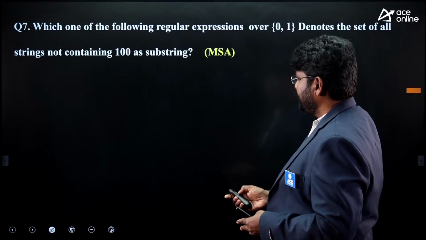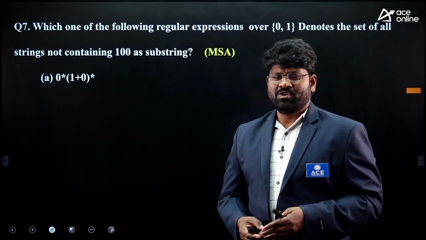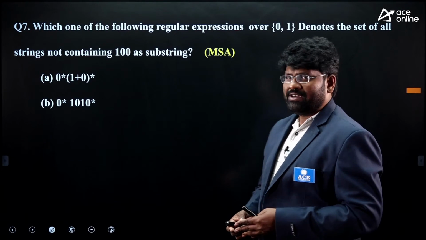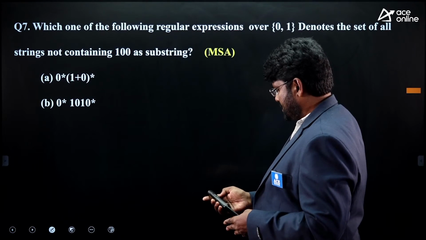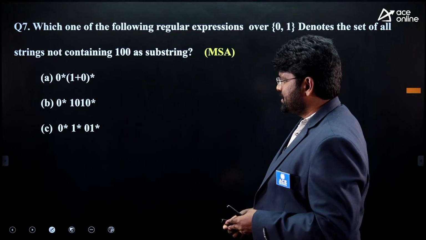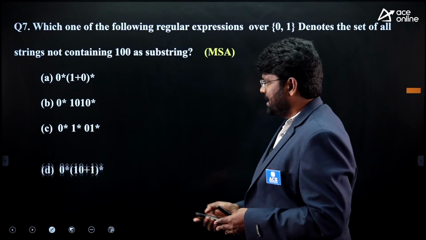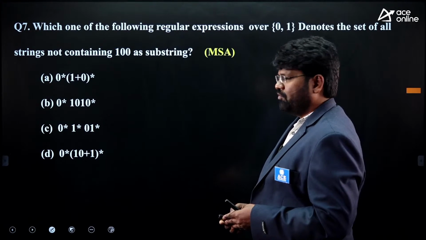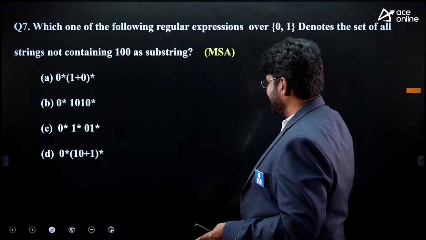Option A: 0 star 1 plus 0 whole star. B: 0 star 1 0 1 0 star. C: 0 star 1 star 0 1 star. D: 0 star into 1 0 plus 1 whole star. So you have these 4 options.